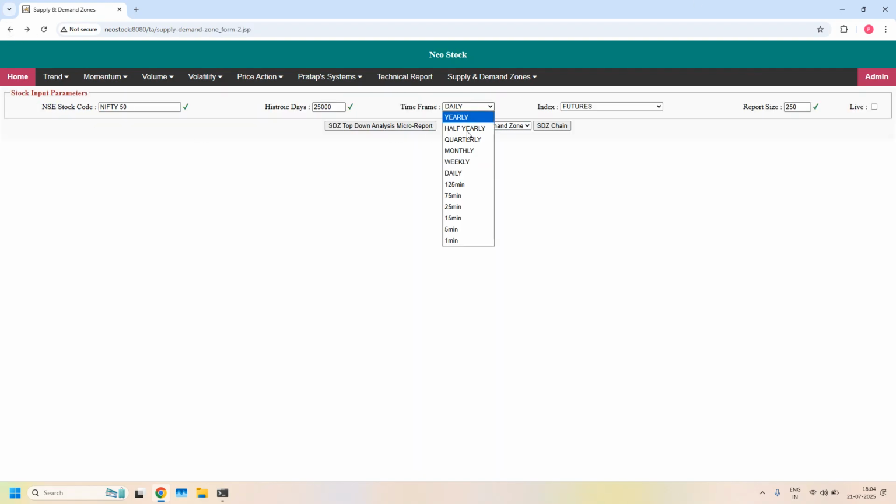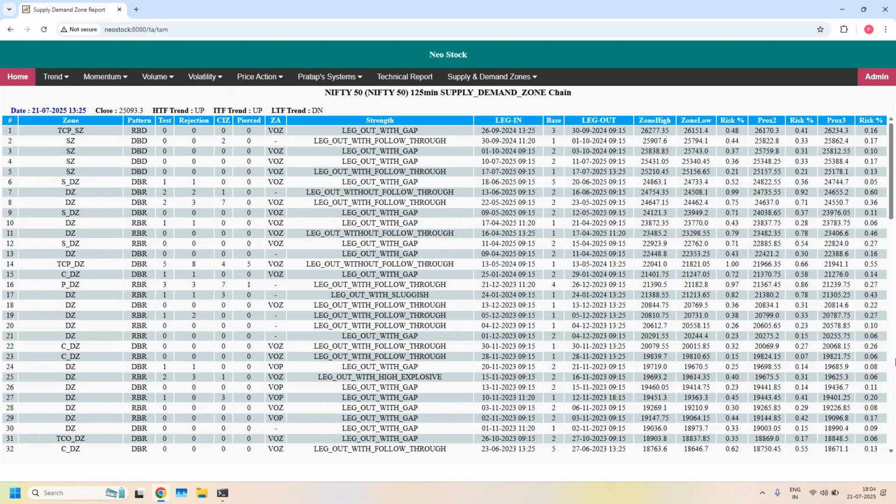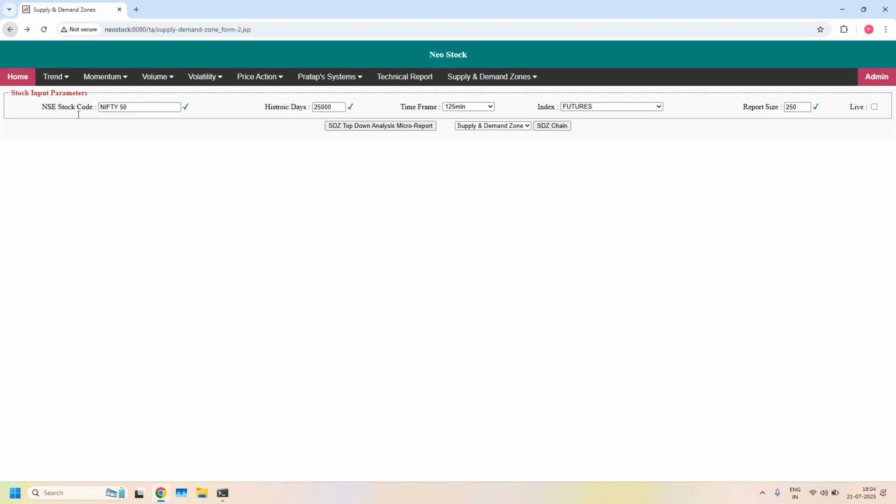Next, generating 125 minutes supply demand zone chain for Nifty. Next, generating 75 minutes supply demand zone chain for Nifty.